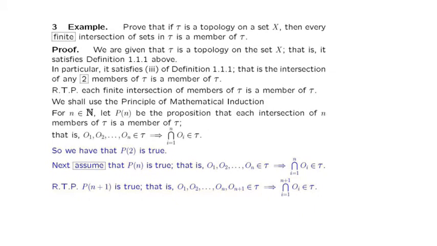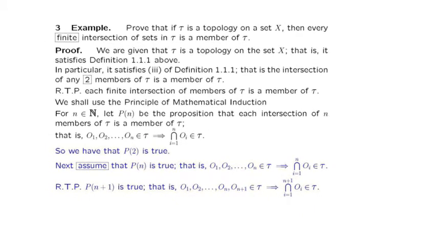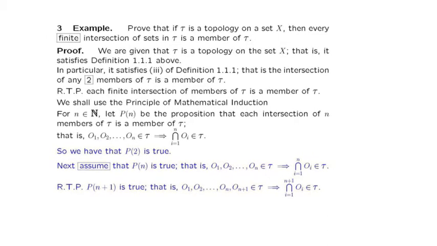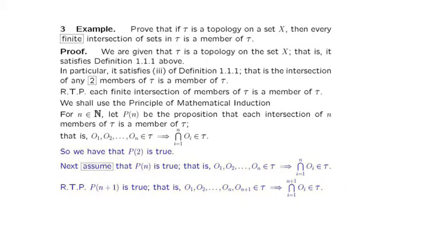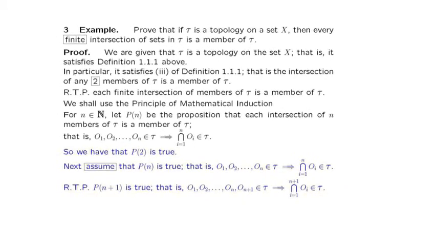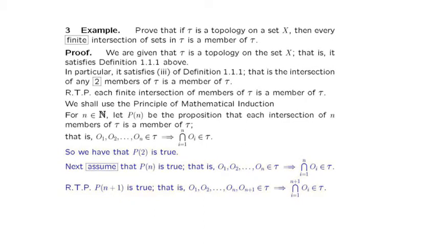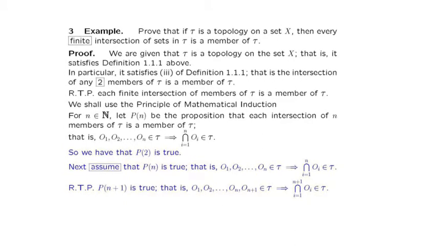Next, we assume that Pn is true for some n. That is, O1, O2, all the way up to On in τ implies the intersection from i equals 1 to n of Oi is also in τ.